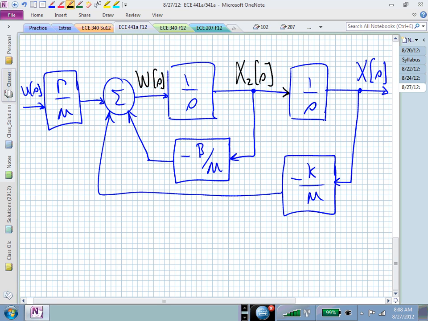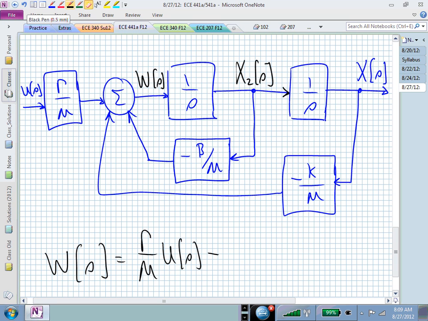We'll call that X sub 2 of S. Now, let's write W of S, the output of that summing junction, in terms of the inputs to the summing junction, and we have gamma over M U of S. Then we have a minus B, well, maybe I should keep going. Let me just move in the counterclockwise direction starting at 12 o'clock.